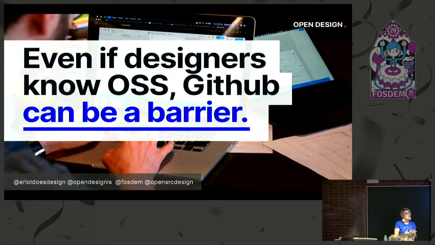And you really often have to take them through the process of commenting on a GitHub issue, understanding what labels are, understanding where they can search, and all these different basic level functions of things like GitHub. But it's really important to understand that that's the place that most designers are coming from when they want to contribute to something for good.